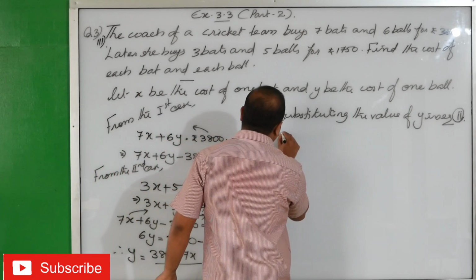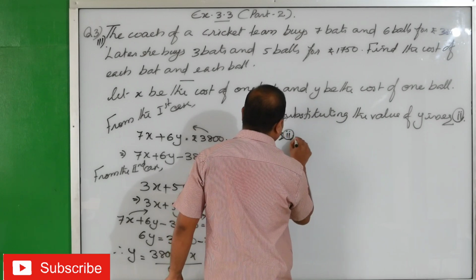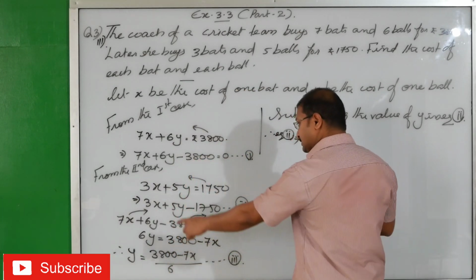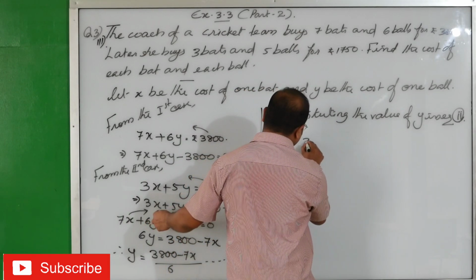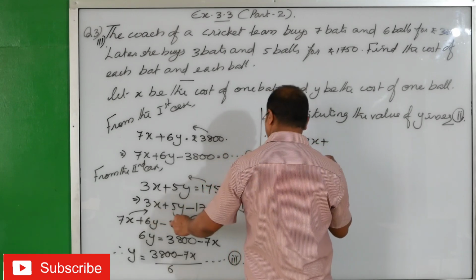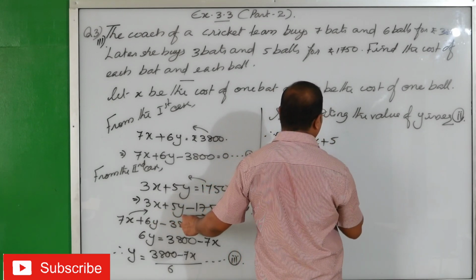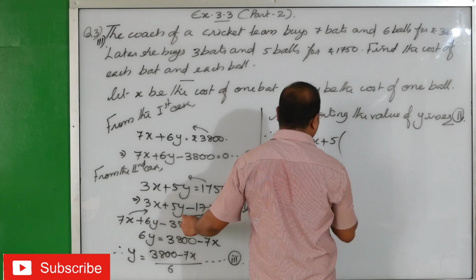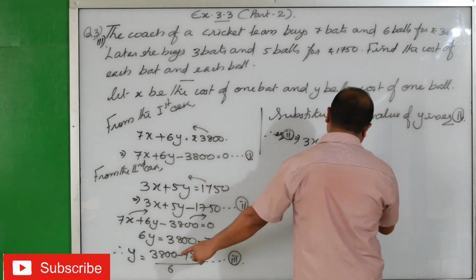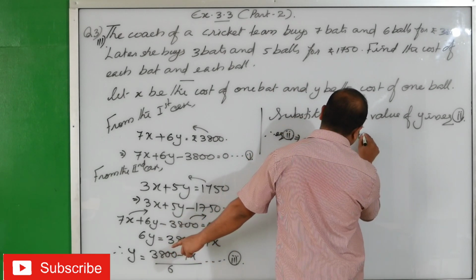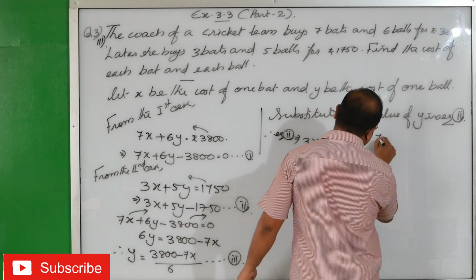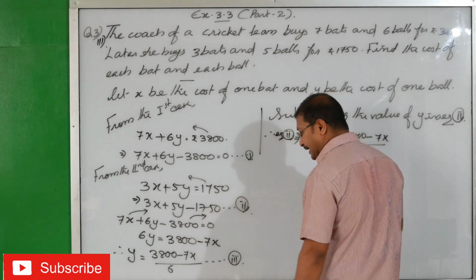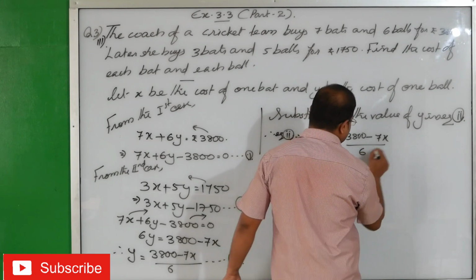Therefore, equation 2 implies, what is the second equation? See the second equation. Second equation is 3x plus 5y. In place of y, what will you write? The value of y. What is the value of y? y is 3,800 minus 7x divided by 6. This is the value of y.